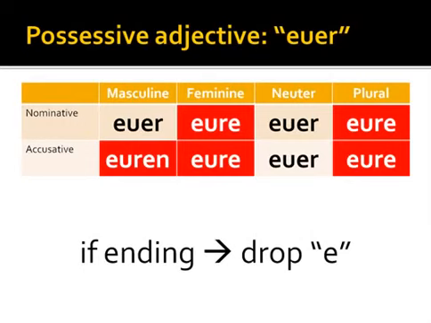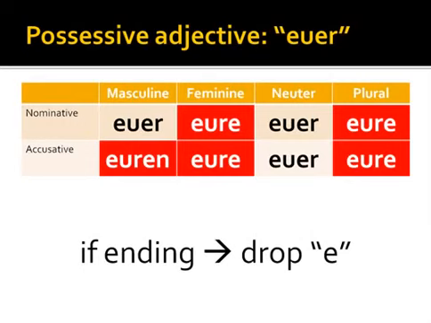So, to summarize, possessive adjectives show, well, possession. They belong to me. Something belongs to me. Something belongs to you. All of the possessive adjectives will be declined in the same way as we would do the indefinite article ein, and that is if we have the Oklahoma box pattern.